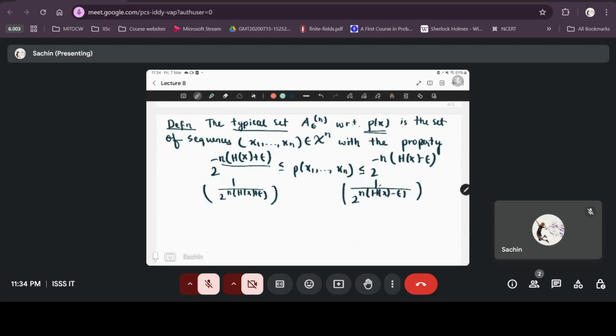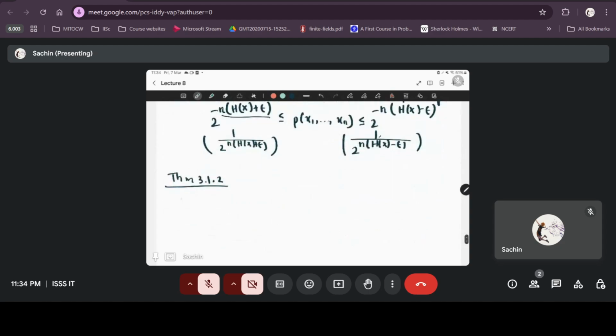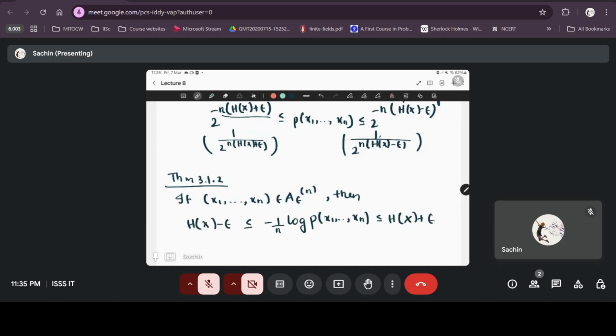So if you define it this way, then we have a theorem which says if a sequence x1, x2 up to xn is a typical sequence, that is, it belongs to the typical set, then the sample mean minus 1 over n log p of x1 to xn lies between h of x plus epsilon and h of x minus epsilon.